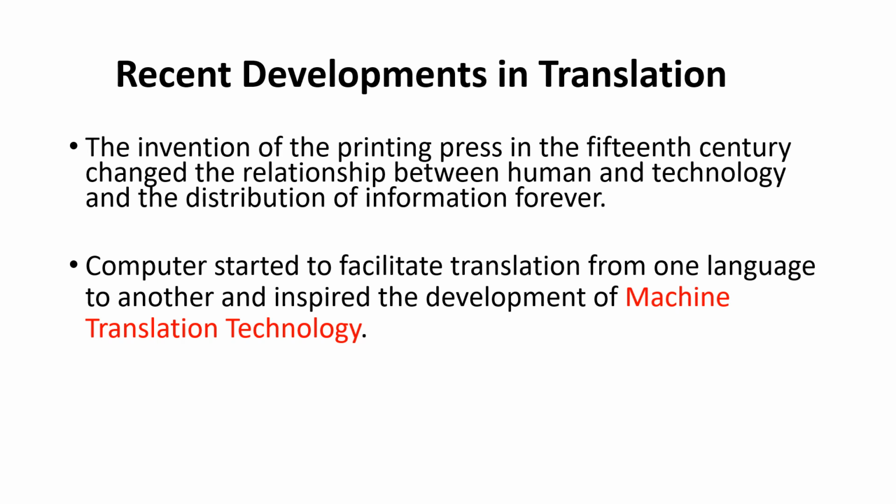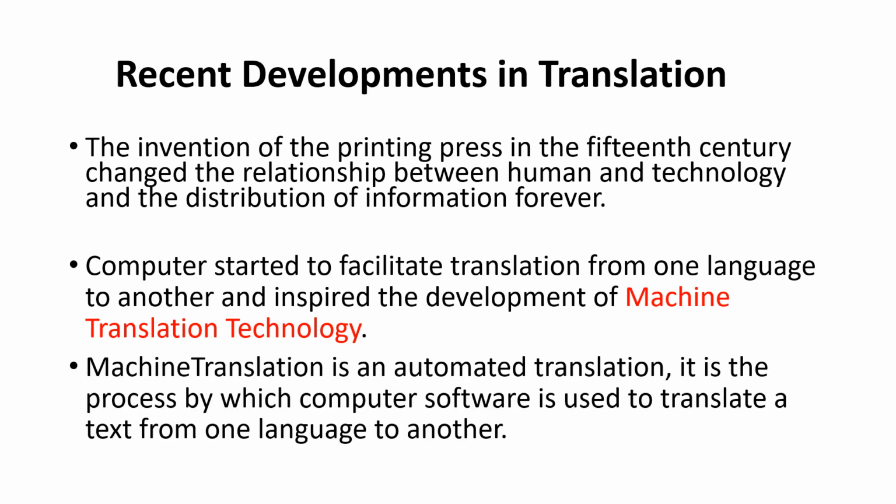Computer started to facilitate translation from one language to another and inspired the development of machine translation technology. Machine translation is an automated translation. It is the process by which computer software is used to translate a text from one language to another.